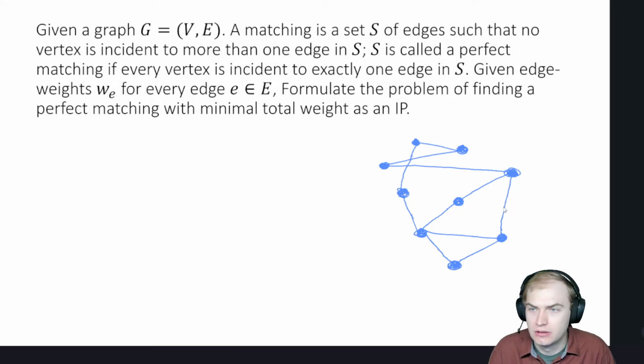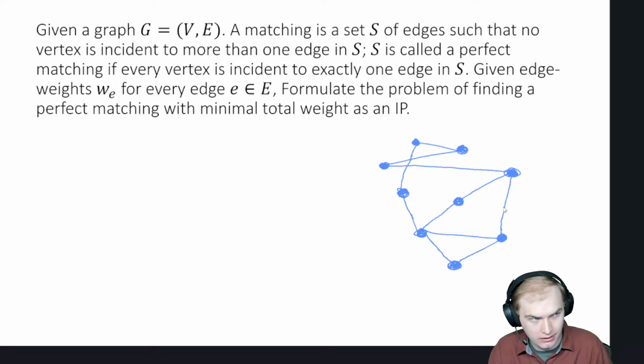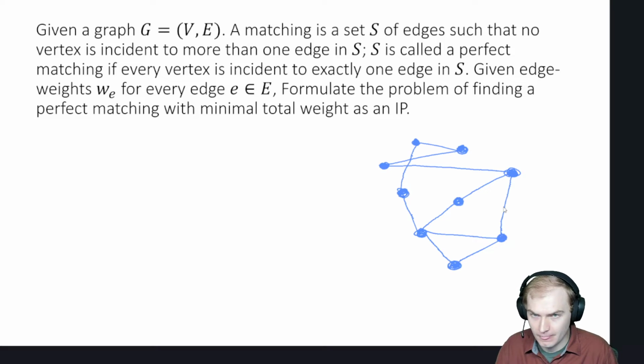So a perfect matching is a matching where every vertex is incident to exactly one edge in S. And let's suppose we have weights for our edges. We want to formulate the problem of finding a perfect matching with the minimum total weight as an IP. So let's just do an example of a perfect matching on our graph here. We'll select that edge.